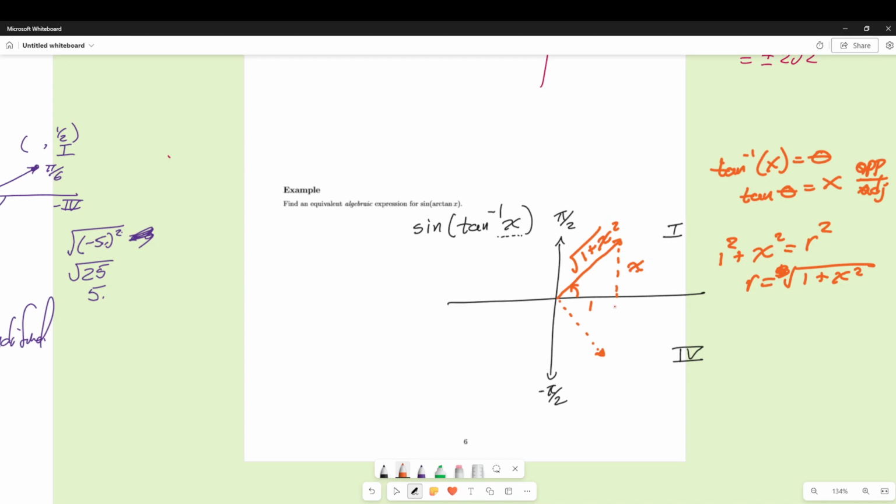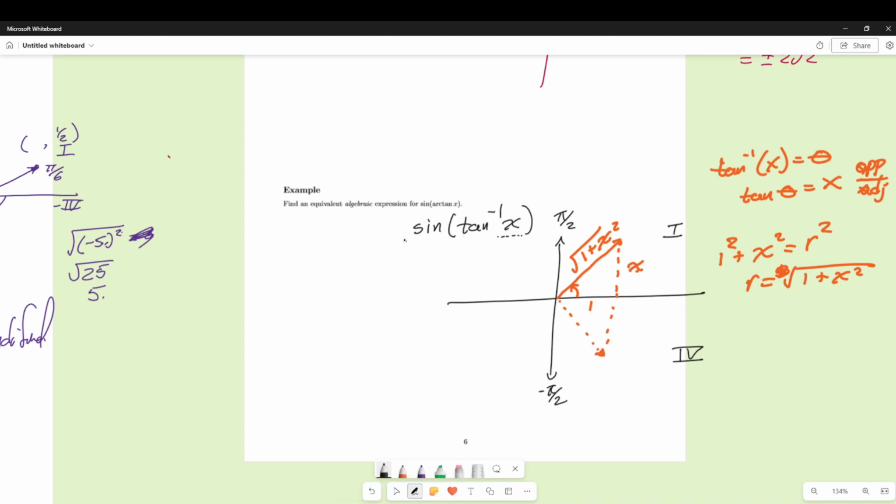If x was negative, then our picture would be down here, but this would still be x, that would still be 1, and that would still be a positive square root. So it doesn't change anything for us.